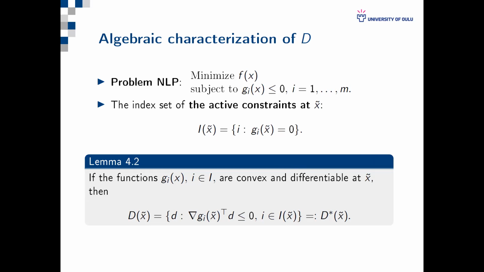So in the neighborhood of the point x tilde, they are convex. Then we have this condition that the cone of feasible directions satisfies is exactly the same cone as here, so the intersection of half spaces.